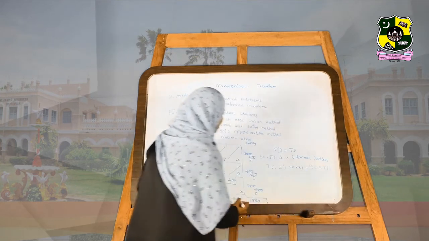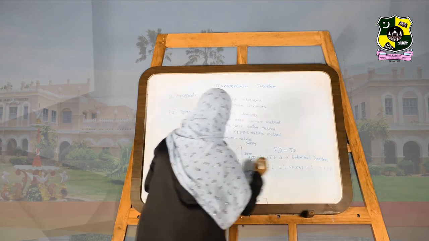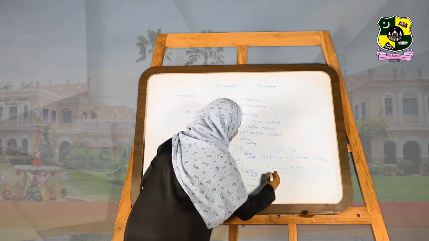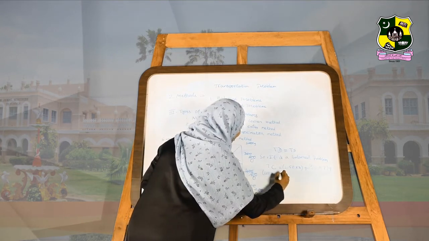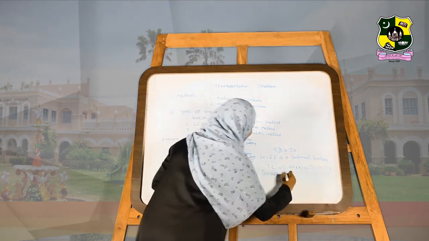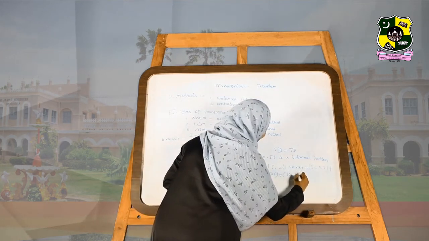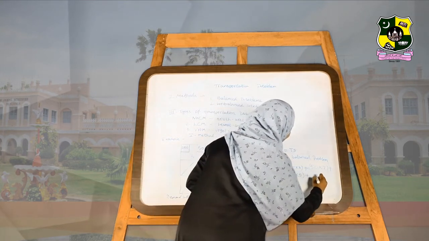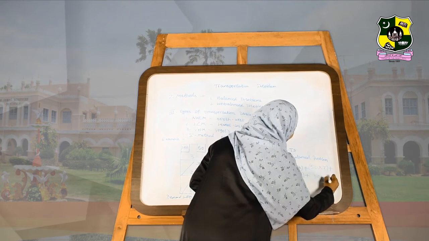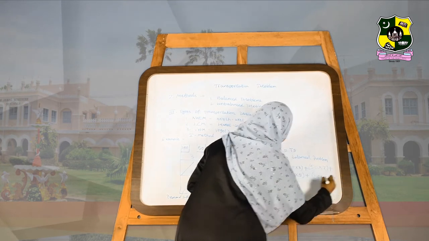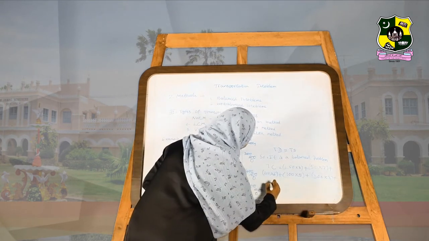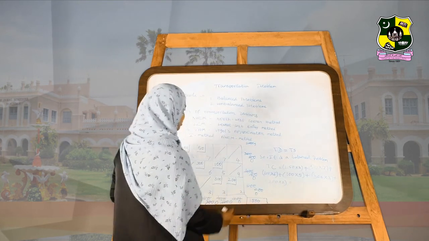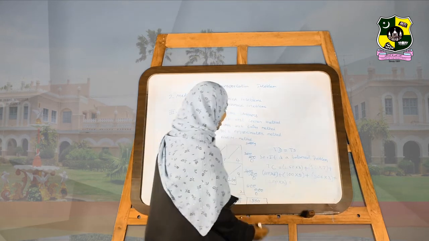Third, the assigned value is 300 and the cost is 6. Next, the assigned value is 100 and the cost is 5. Next, 300 and the cost is 3. Next, 200 and the cost is 2. Multiply all of the values and add them.